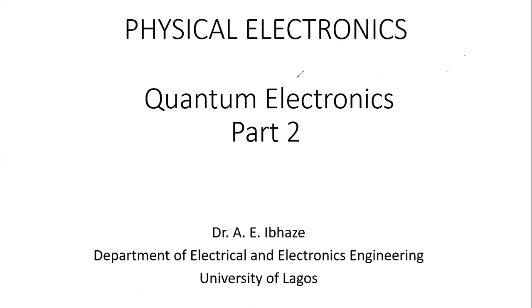So we'll pick up things from where we stopped last time. In our last class, we were able to cover a few details about the Schrodinger equation, and then we talked about the Hermitian operator.